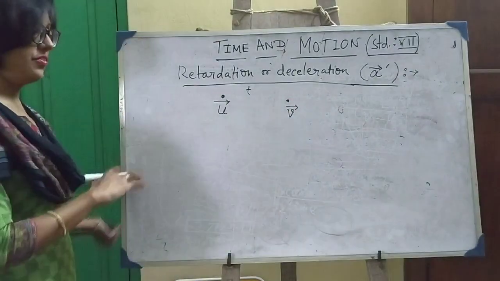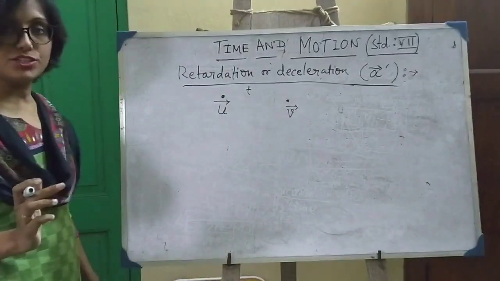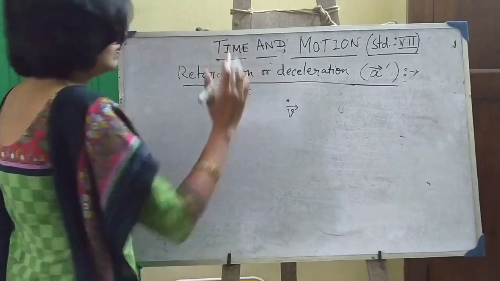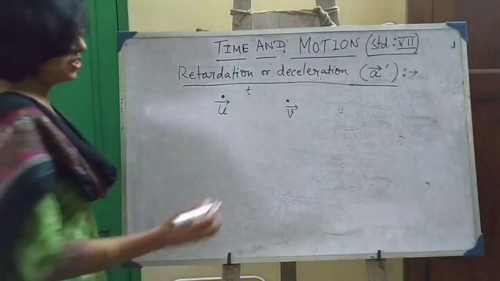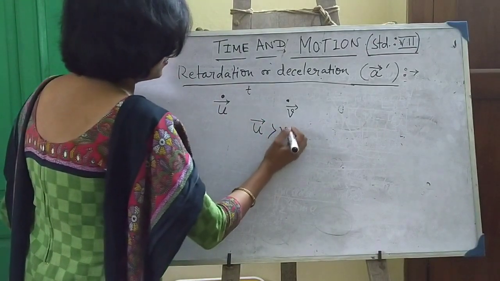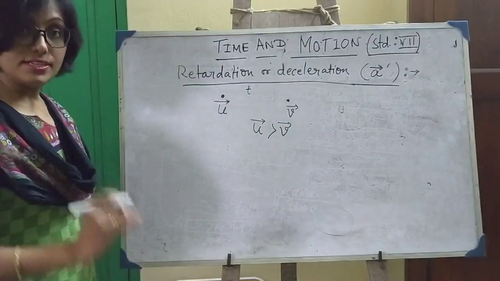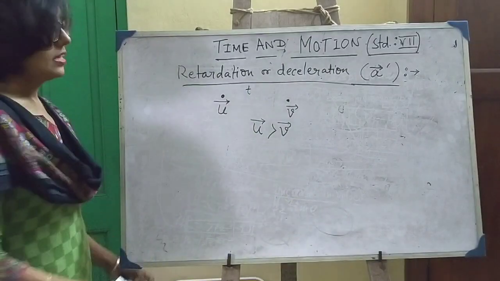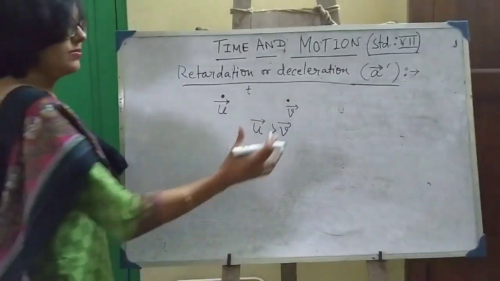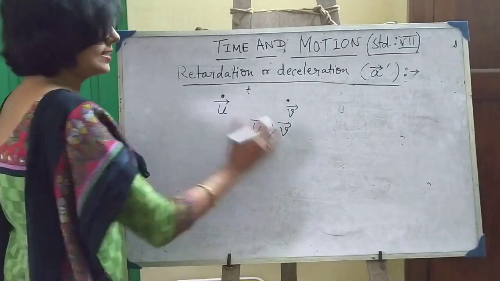In our previous case, we considered that the final velocity is greater than initial velocity, but here let us consider that the final velocity is less than initial velocity, which means u is greater than v. That means the velocity of the body is decreasing. So we can say that in time t, the decrease in velocity of the body is u minus v, because u is greater than v.